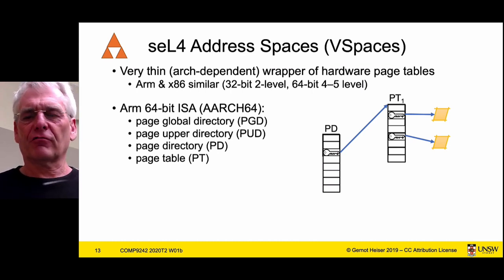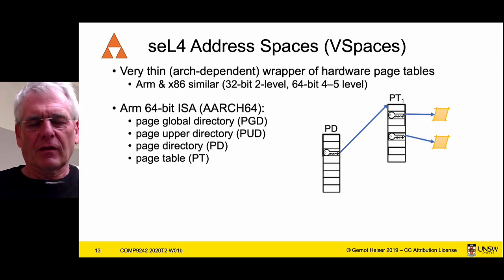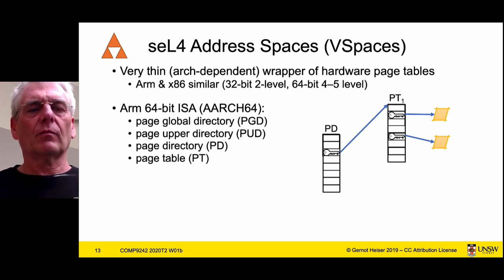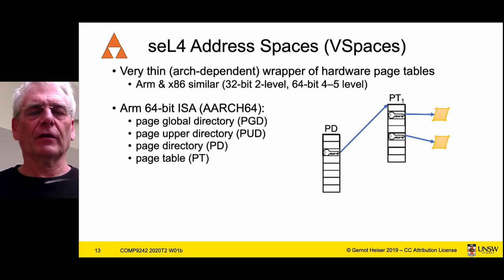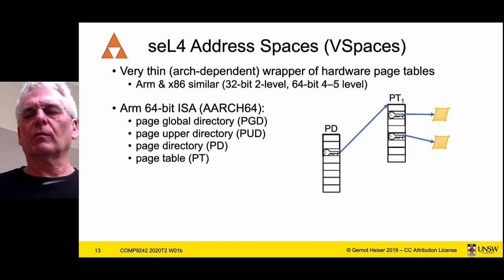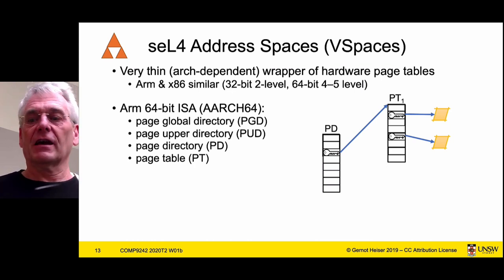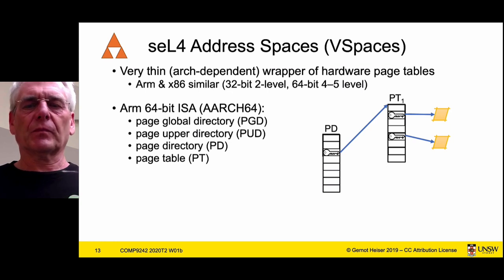So an address space reference is really a capability to the top level page directory. And of course, each of these are tables of capability slots. So your page directory is a table that can hold capabilities to page tables. And the page tables themselves will hold capabilities to frames. So that's then the actual mapping from virtual to physical.